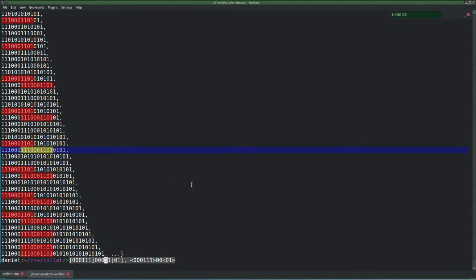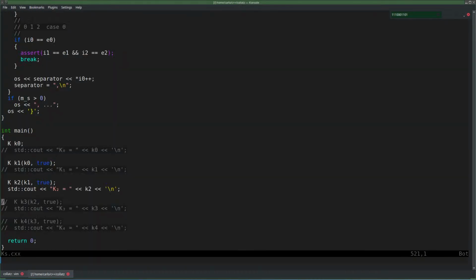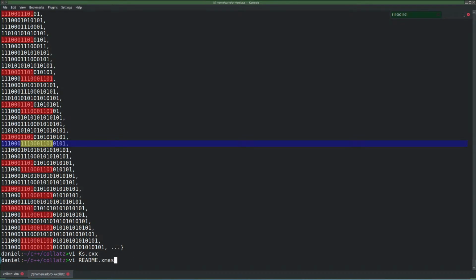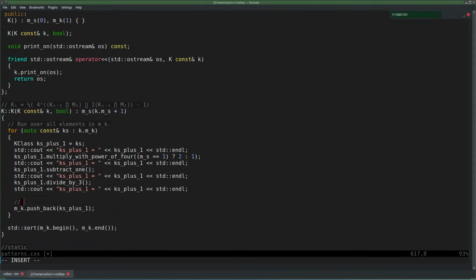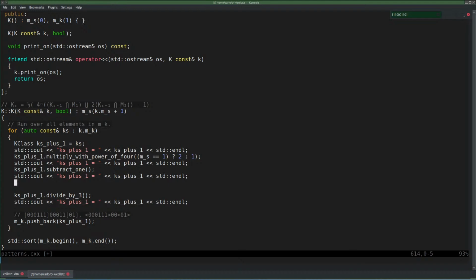So let's go backwards from there. Let's see what we should have gotten. So for K, that was K2, we want to get this. And that means that before the divide by 3, we should have gotten, let's do that like after the cout.